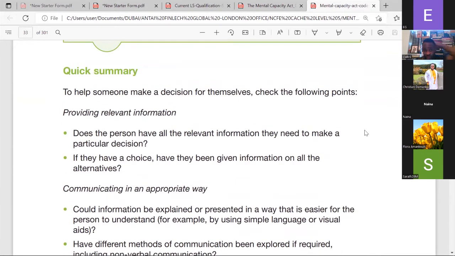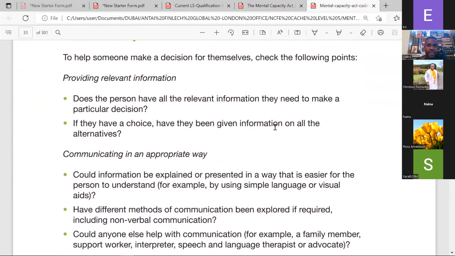Right, so to help the people make decisions for themselves or be involved in the decision making, we know that we have to provide them relevant information, which they should understand.